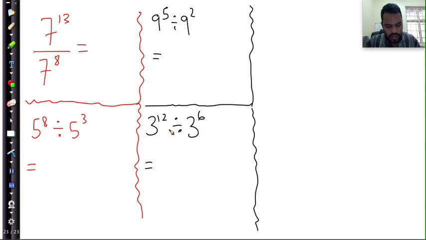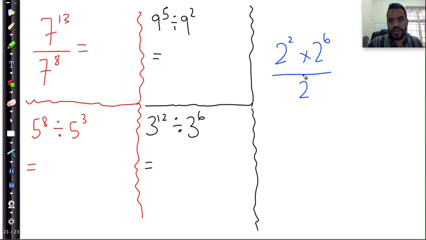And then I'm going to put one or two trickier ones for you to try, where I want you to combine the knowledge of the previous section that we just did. For example, 2 to the power of 2 multiplied by 2 to the power of 6 divided by 2. So what you need to do is figure out how to do that one there as well. And then I'm going to give you one more here at the bottom.